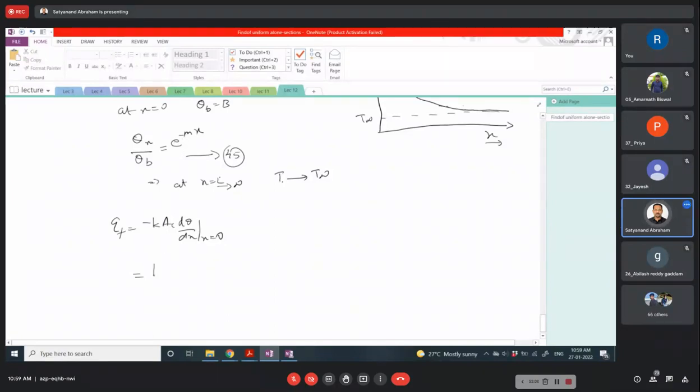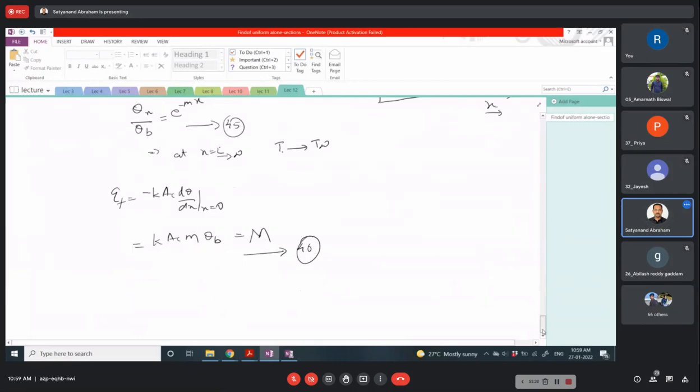So we can say k A c m into theta b, which is equal to capital M. That is the heat transfer, the total heat transferred through an infinite long fin.